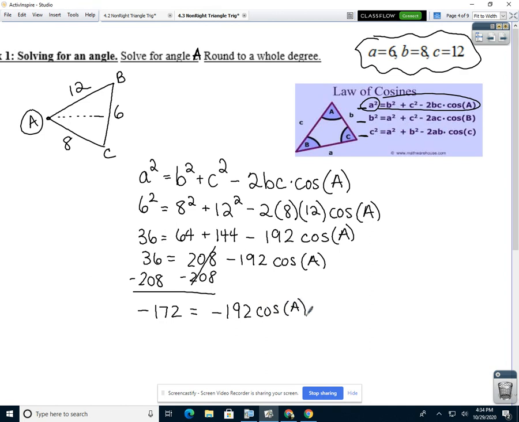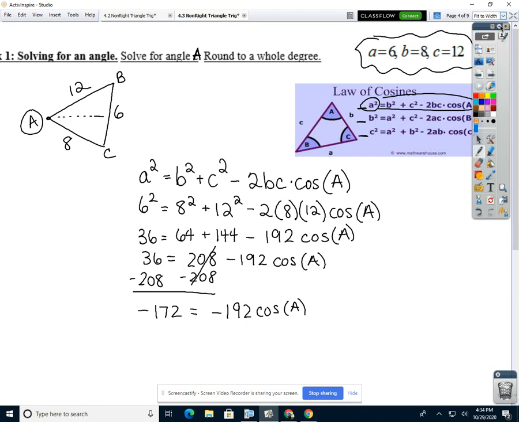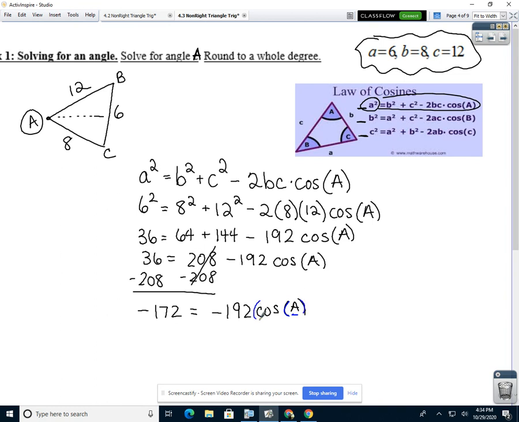And so now to use inverse operations, I have to remember, I want to undo what is attached to that cosine because I want to get to that A that's inside the cosine. So I'm going to divide by negative 192, because the opposite of multiplying by negative 192 is dividing by negative 192.